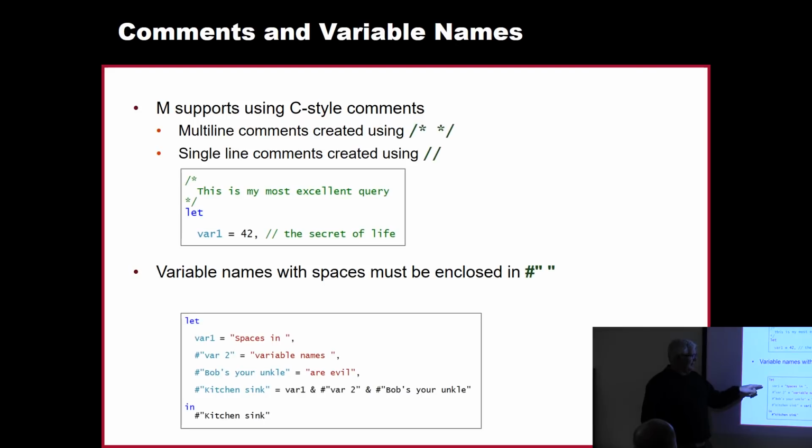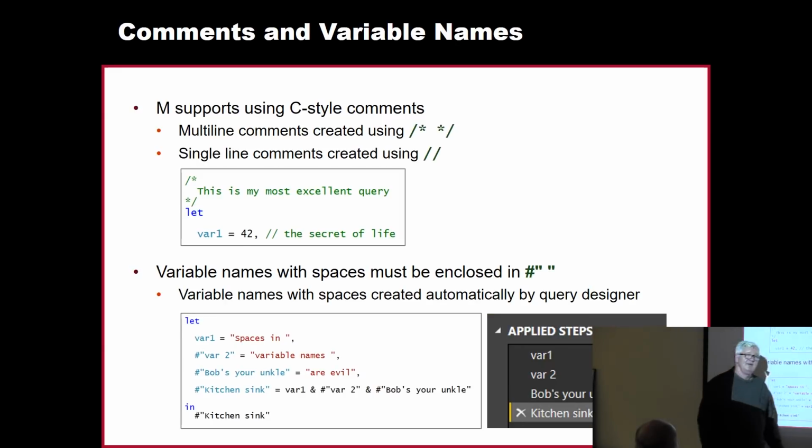So in particular, if your variable doesn't have a space, it can just have the name and the M code's a lot prettier. If you have a space, you have to then say # and put the variable name in quotes inside there. But you can see that I can now create one that's really long, and I can start referencing those things inside there.